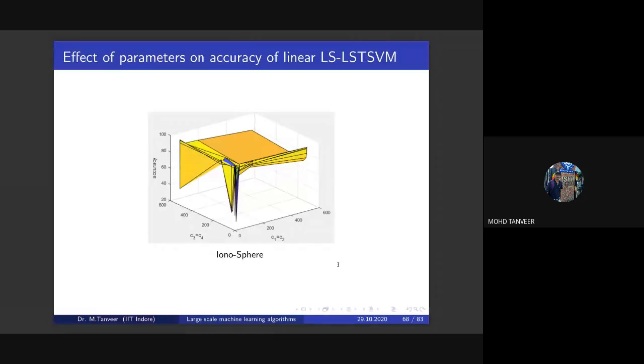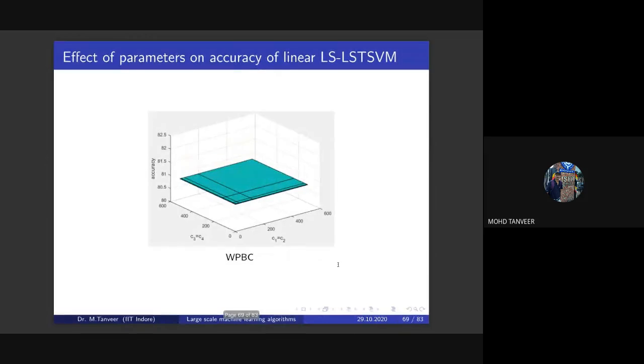It means we have to choose the parameters very carefully. In all models, we usually use a method like grid search, with k-fold cross validation, to find the best parameters.